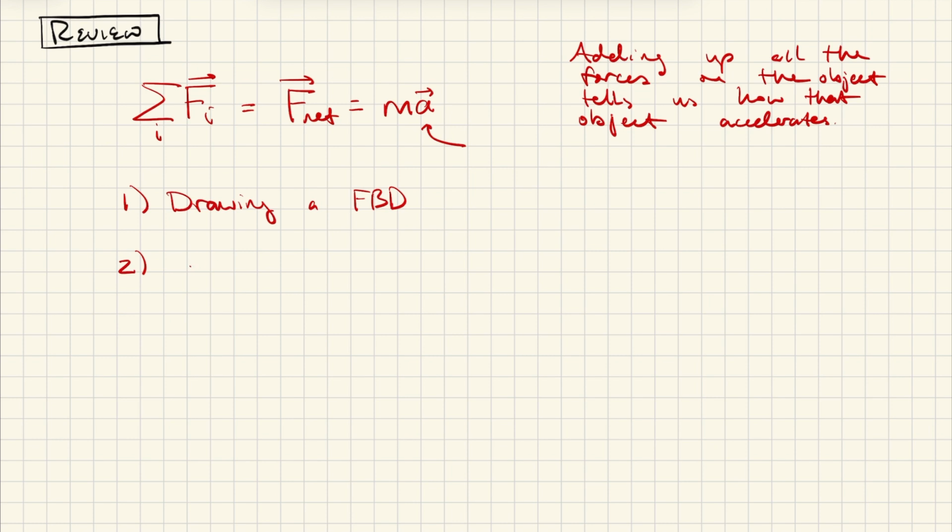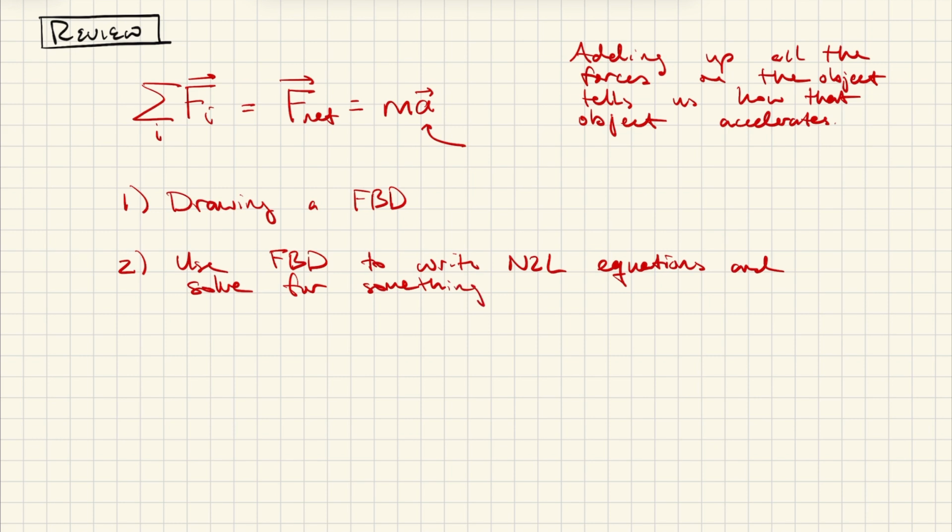Specifically, we can now add up all those vectors, and then we can solve for the acceleration. We'll say solve for something interesting, because sometimes you get the acceleration and you have to solve for one of the forces or something like that.